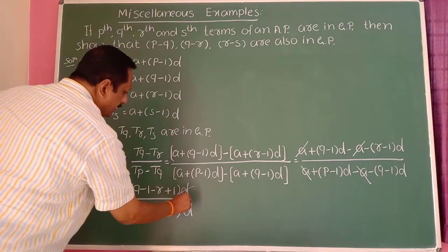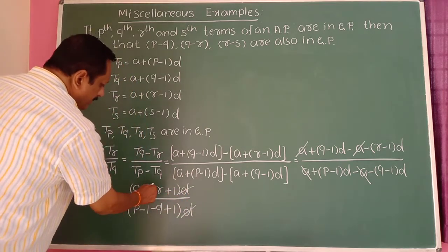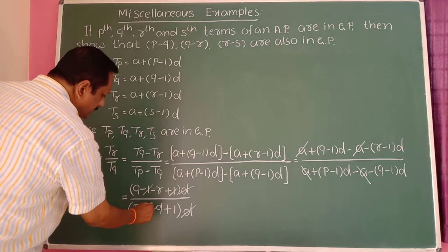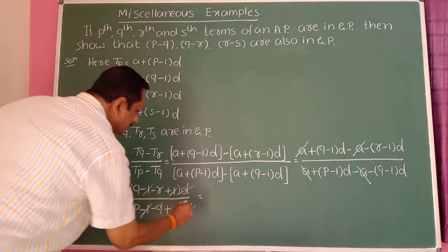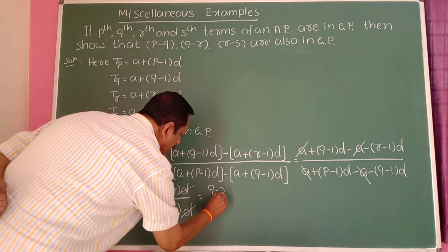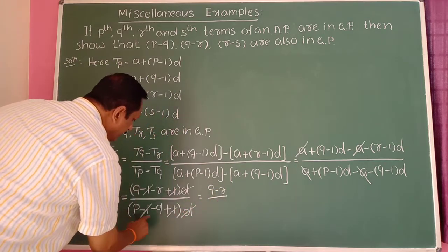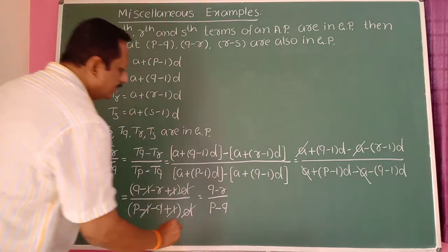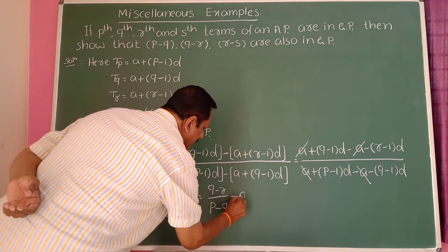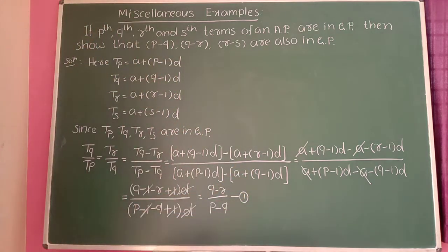Here this d cancels. Minus 1 plus 1 cancels, minus 1 plus 1 cancels here. Therefore, q minus r divided by p minus q. Take this one as equation number 1 here.